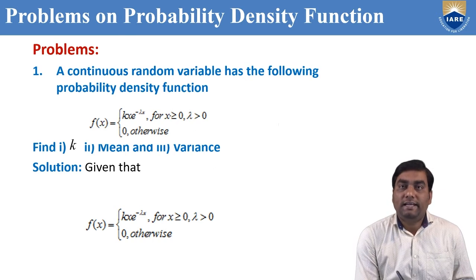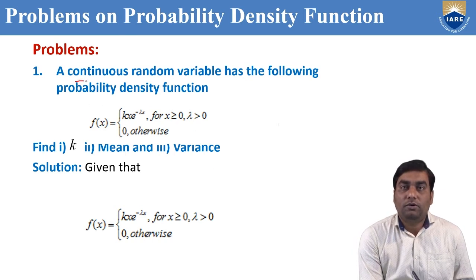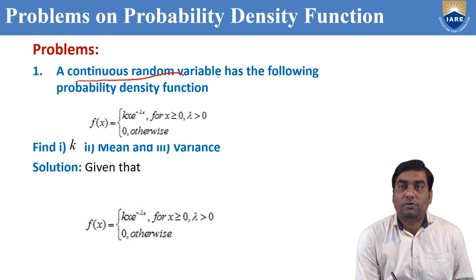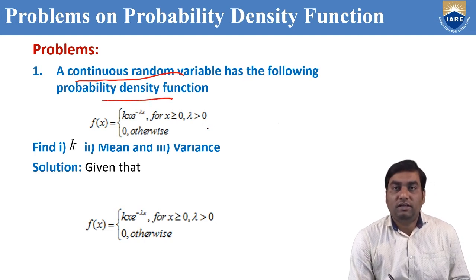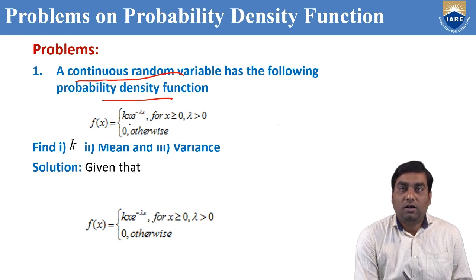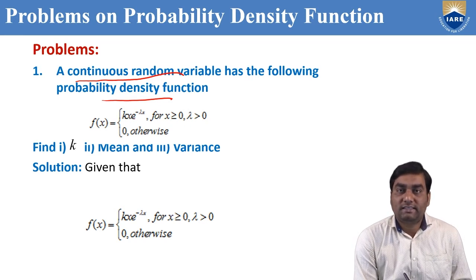See, a continuous random variable has the following PDF. PDF is given. He mentioned that it is a PDF. f of x is k x e power minus lambda x, where x is greater than or equal to 0.